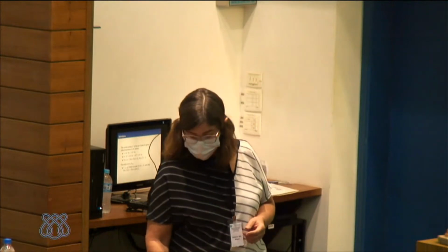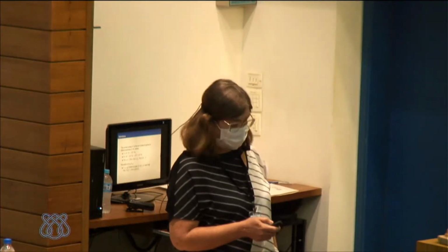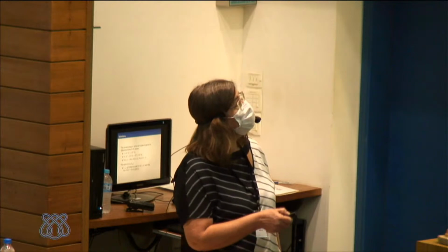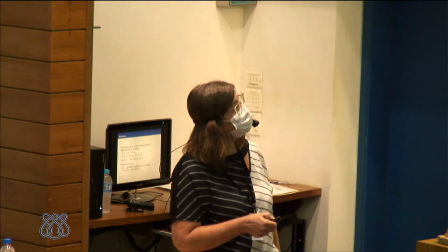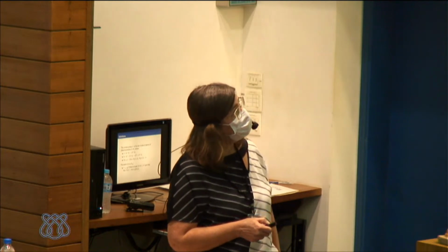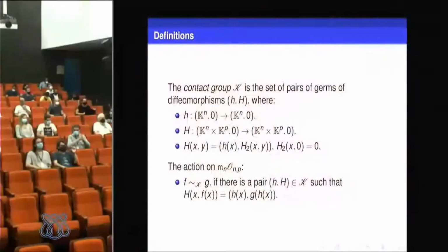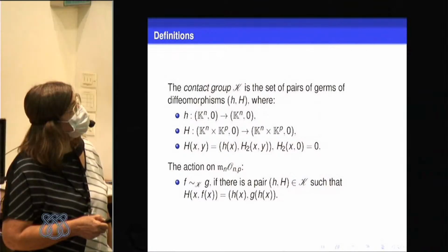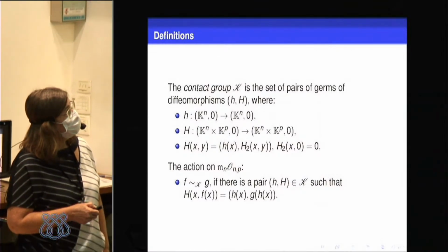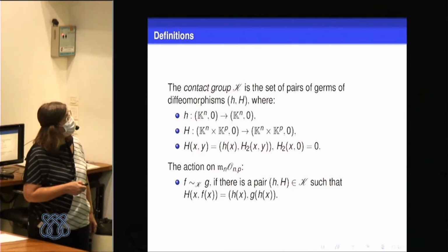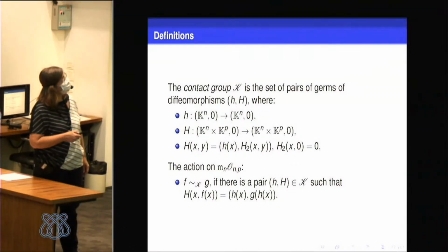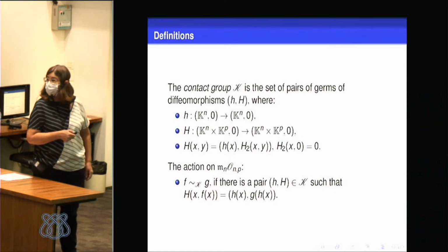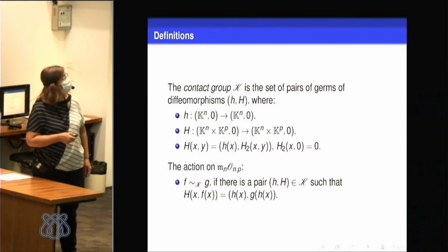The contact group, as we've seen, is the set of diffeomorphisms of that type, and the action is on the graph. Two germs are K equivalent if this diffeomorphism, capital H, takes the graph of F into the graph of G.